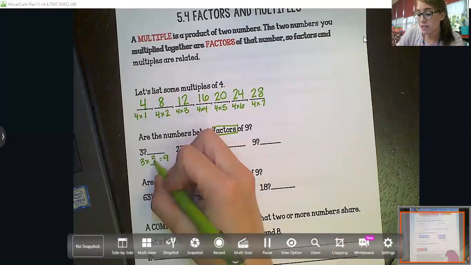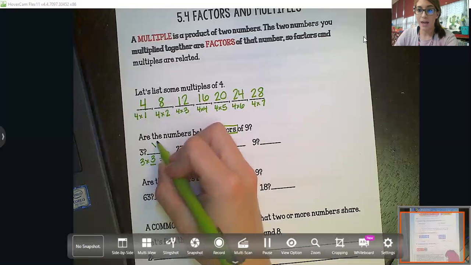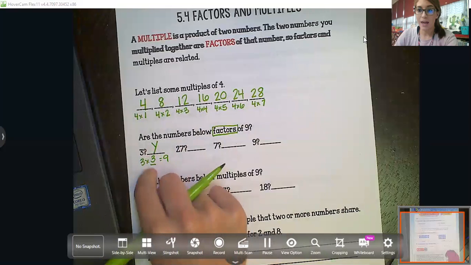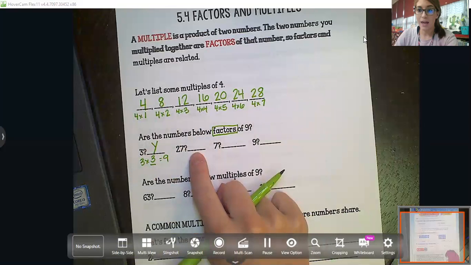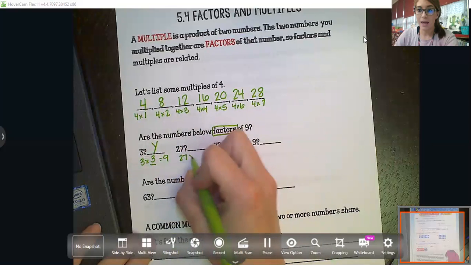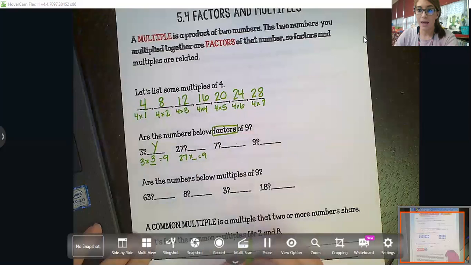All right, so let's look here. They want to know if the numbers are factors of 9. What we'll ask ourselves here is, can this number times something else give me 9? Does 3 times something give me 9? Yes, 3 times 3, very good. So yes, this is a factor of 9. What about 27? 27 times something give me 9?